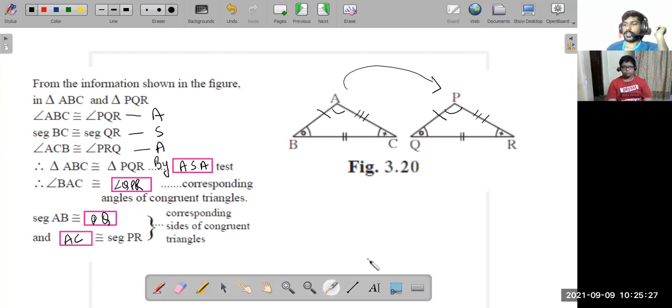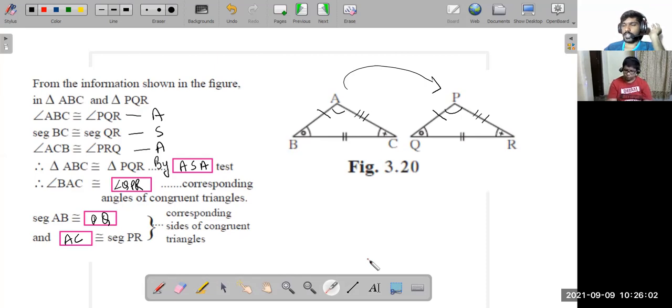Keep one thing in mind, that whenever you prove two triangles are congruent by any of the tests, you can directly say that all the corresponding sides will be congruent to each other and all the corresponding angles will be congruent to each other. Is this clear? Now, write this in your textbook itself. Write it with the pencil. Go through it.